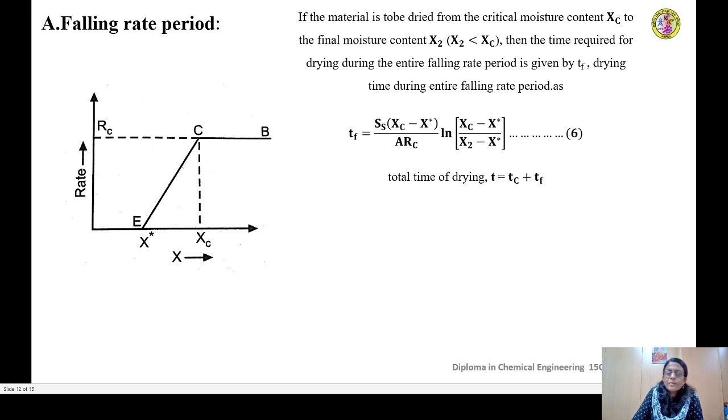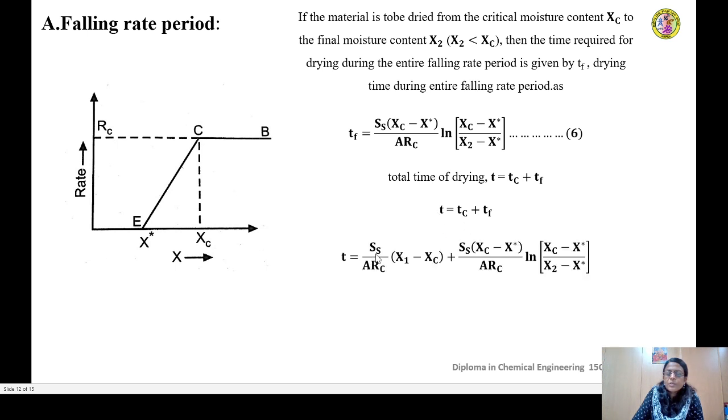So we can add both Tc and Tf, as obtained in the discussion so far, to get the total time of drying. The total time of drying will be equal to the time required during the constant rate period plus the time required during the falling rate period. So T is equal to Tc plus Tf.